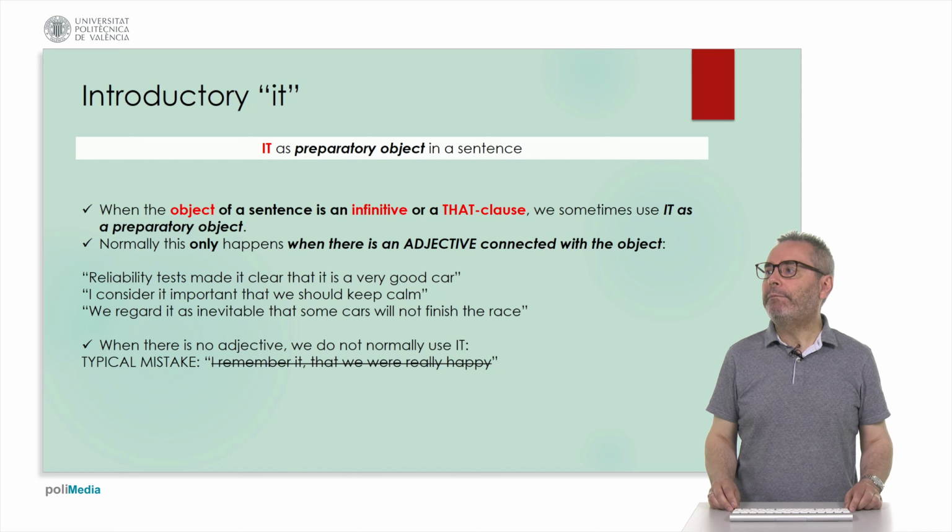Reliability tests made it clear that it is a very good car. I consider it important that we should keep calm, or we regard it as inevitable that some cars will not finish the race. When there is no adjective, we don't normally use this structure. Typical mistake would be, I remember it that we were really happy.